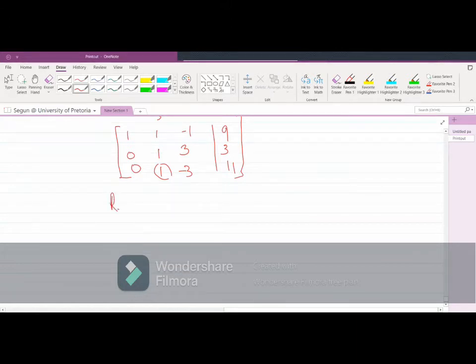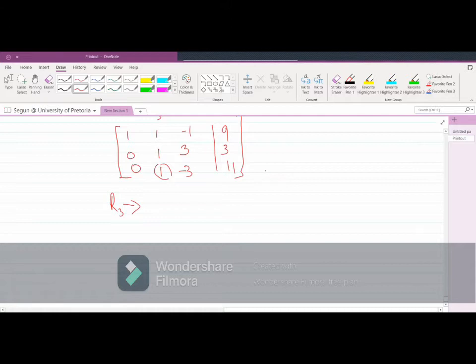I know we are working on row 3. Row 2 minus row 3. No. So can we go with row 1 minus row 3?